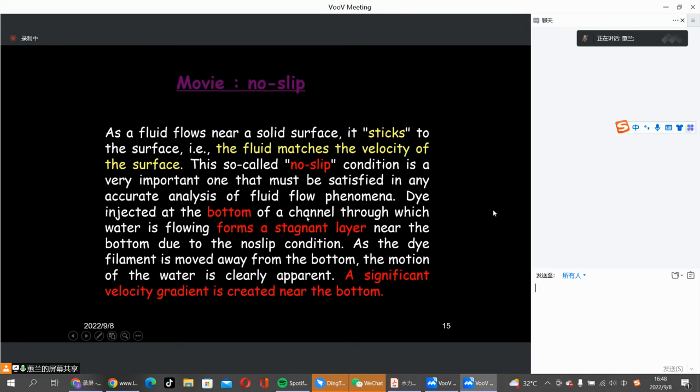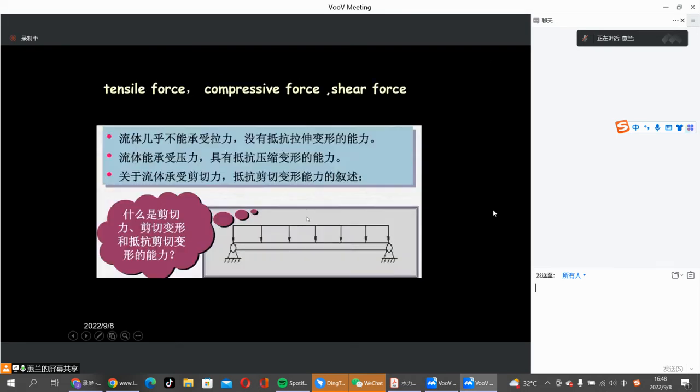Then we introduce the definition of the fluid from a technical point of view. Before that, we need to know that for internal force, we have tensile force, compressive force, and shear force, right?